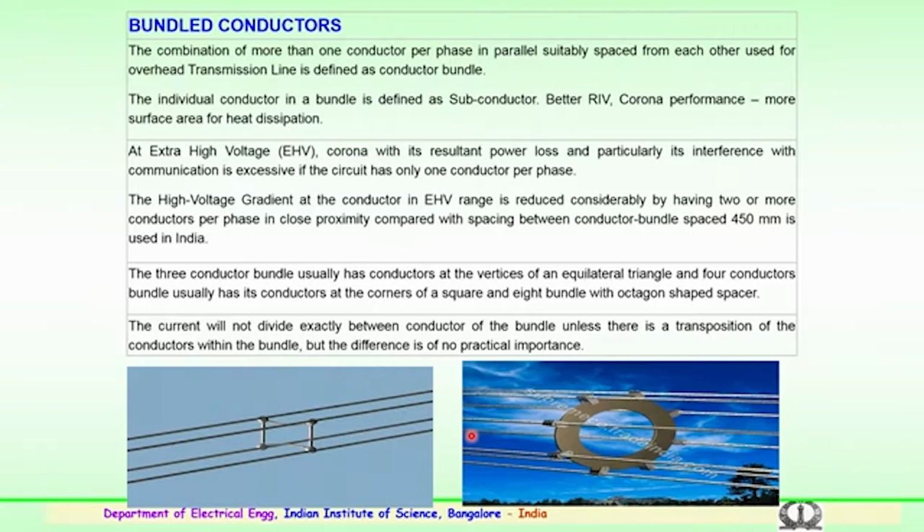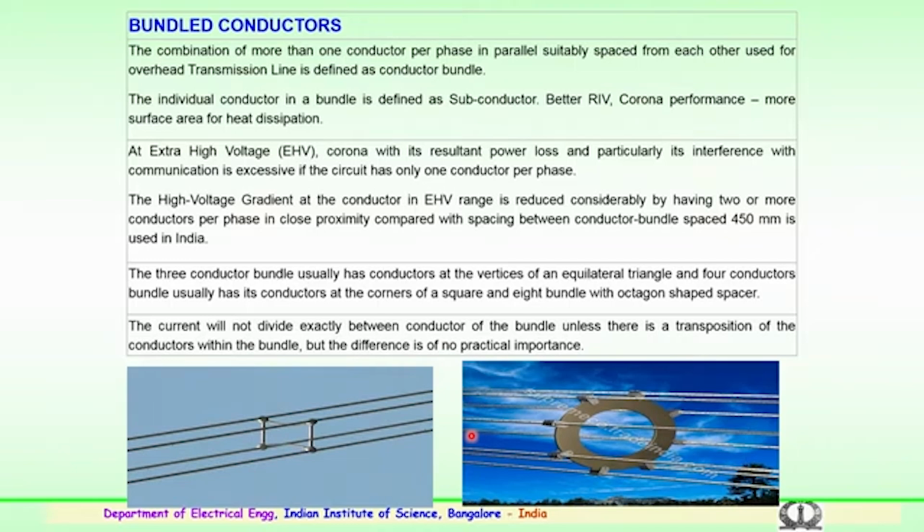Up to 132 kV, typically a single conductor is employed. Above 132 kV, at 220 kV and more, either twin, for 400 kV 4 conductors, or for UHV either 4, 6 or 12 conductors are normally used to counter the issues of radio interference and corona related problems which could interfere with the communication circuits.